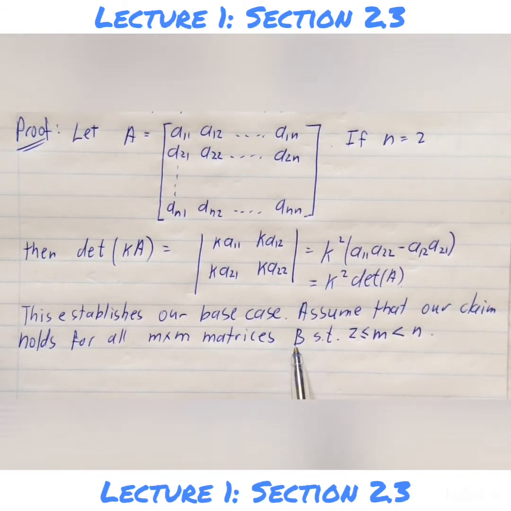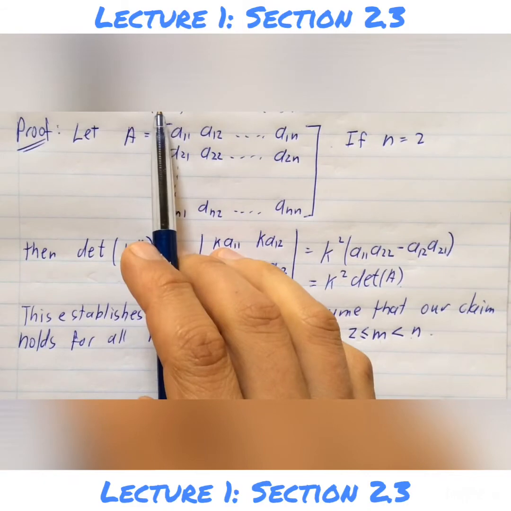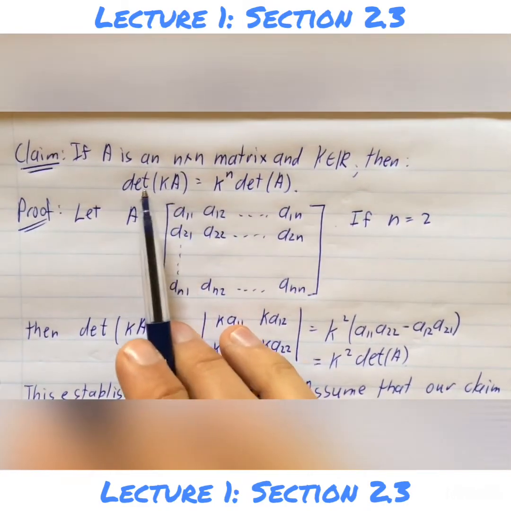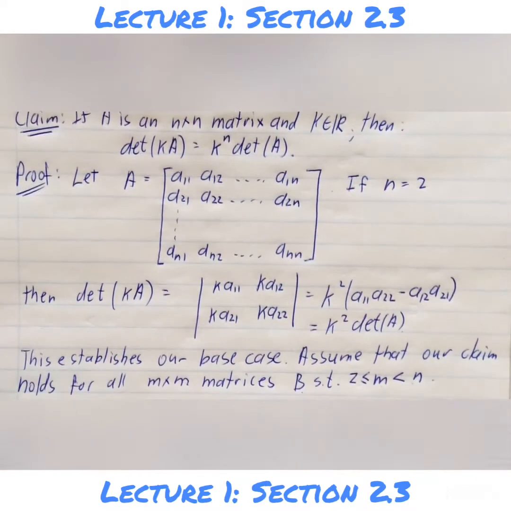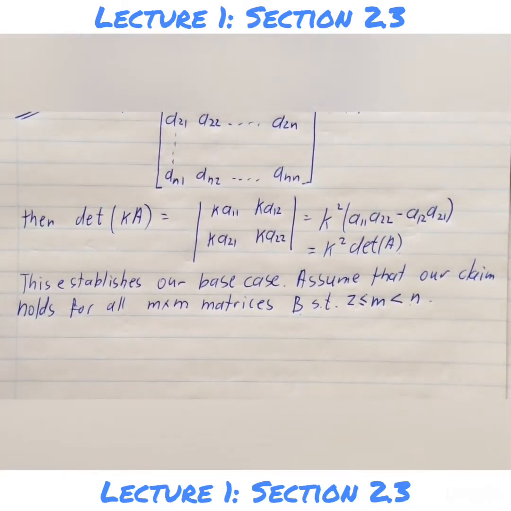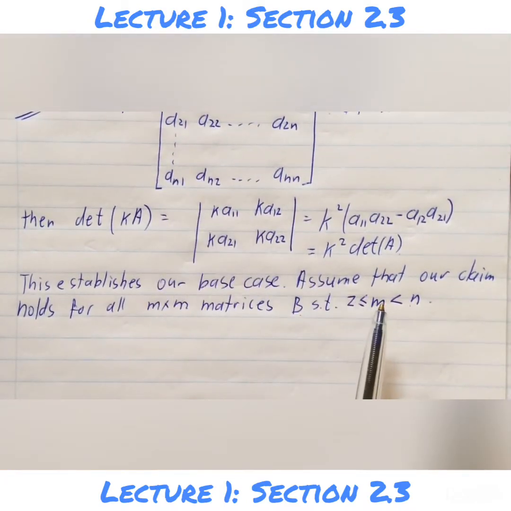So if B is a square matrix with fewer than n rows and columns, then this claim holds. So that's our induction assumption.